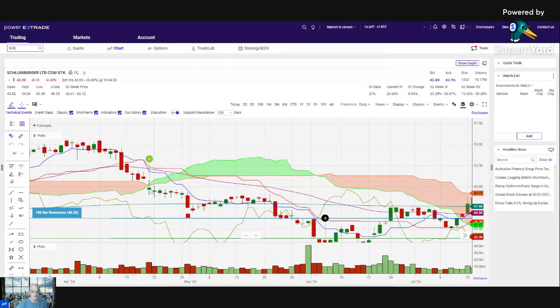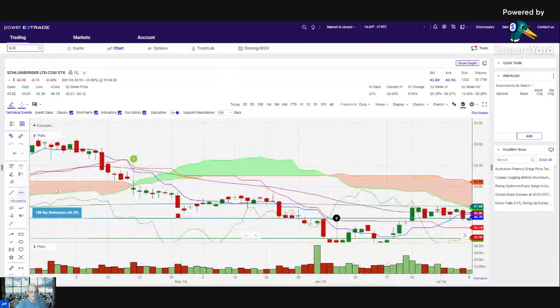The earnings on Schlumberger came in over here. It doesn't follow the rule because, see over here, all the price, none of it's in the cloud. Here it jumped below the cloud. So this is not a trade because there's nothing in the cloud here. Nothing in the cloud here.